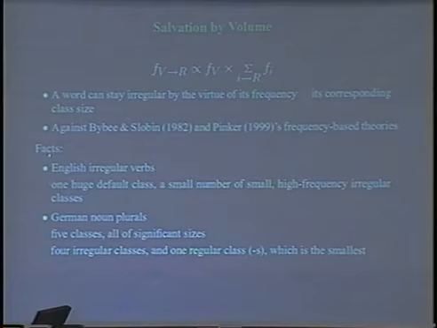So there are some facts here that people have to deal with. In English, again, one huge default class, and a small number of small high-frequency irregular classes. And German's actually quite interesting. 5 classes, all of significant sizes, and 4 irregular ones, and the default class S is actually the smallest. So as you can see, a frequency-based story can be true for both English and German.